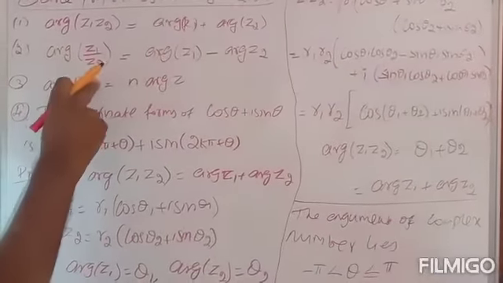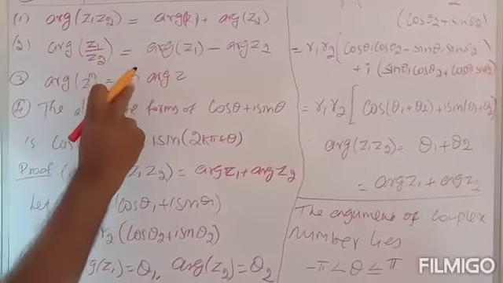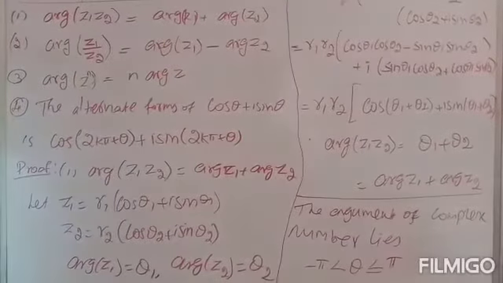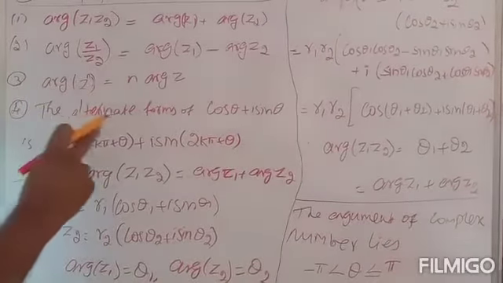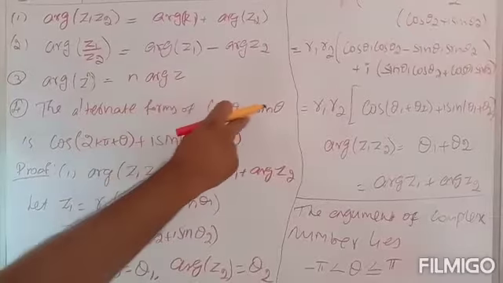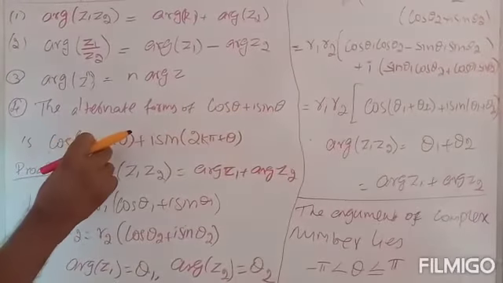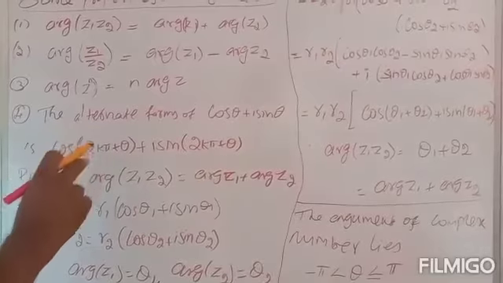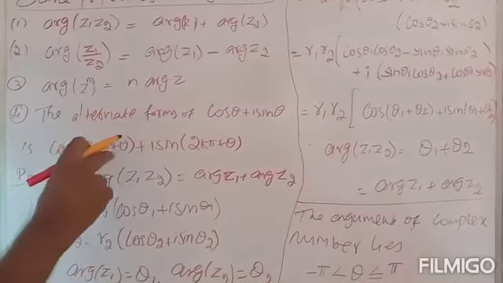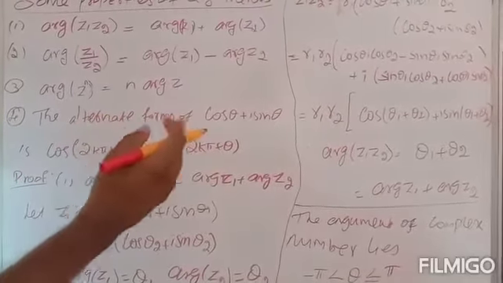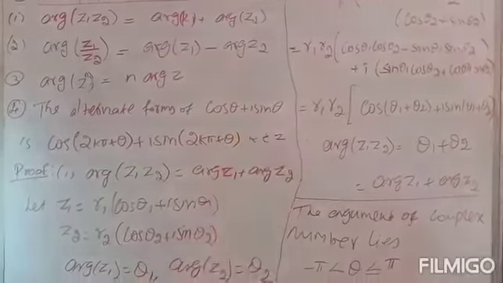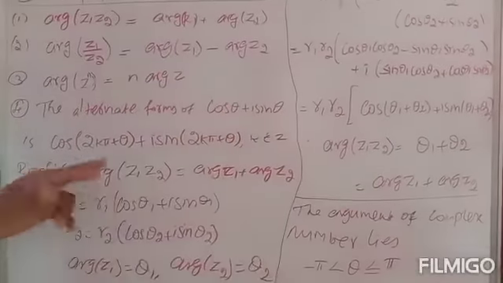But if we go around one more circle, it is 2 pi plus theta, and another circle, it is 4 pi plus theta. So arg of z is not unique: theta, 2 pi plus theta, 4 pi plus theta, and so on. In general we can write arg of z equal to arg of z plus 2n pi.